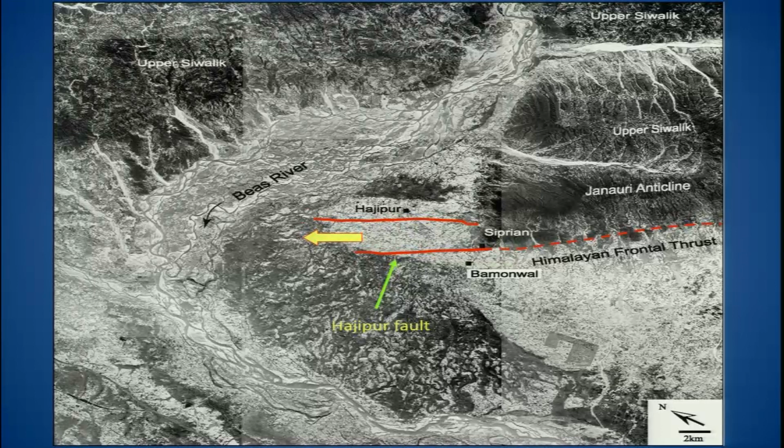So this keeps on moving on this side, and we will have the deformation pattern typical to what we were looking at, the propagation of the fold, and next earthquake the displacement on this fault will push Bias further towards northwest.